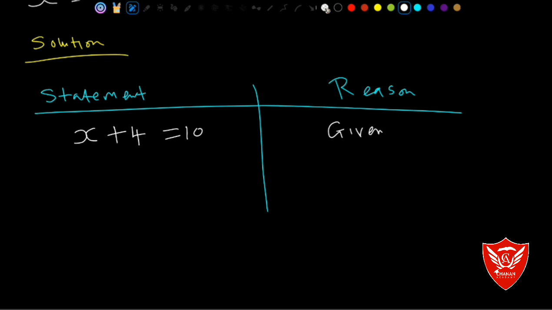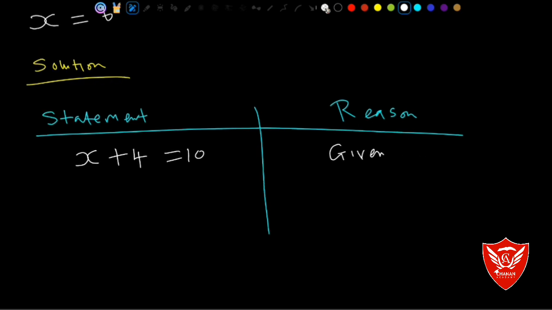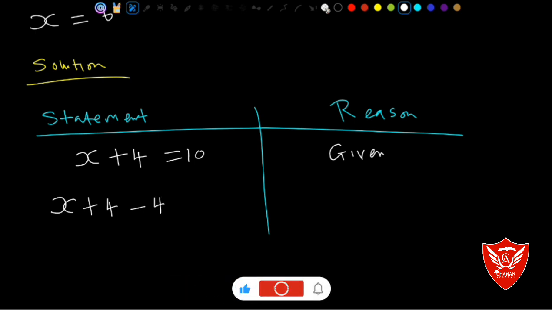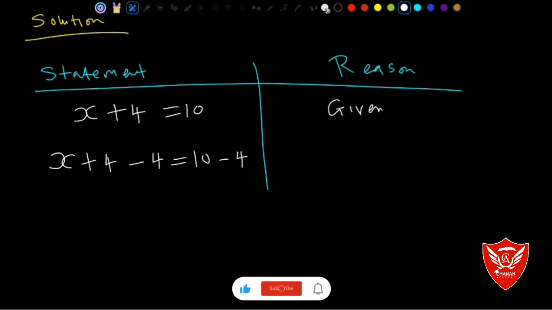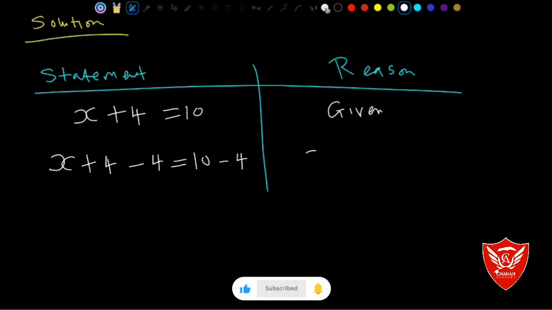For us to prove if x is equal to 6, we'll subtract 4 from both sides so we can have only x. So we have x plus 4. Now we are going to subtract 4 minus 4 equal to 10 minus 4. Now this is the subtraction property.